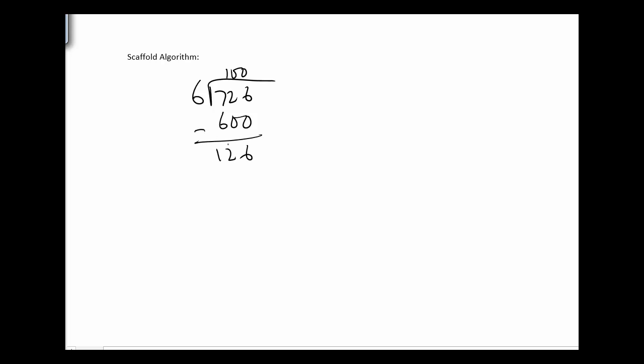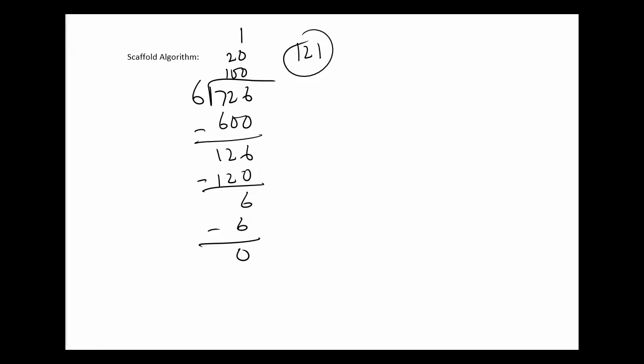Subtract that out and get 126. I know I can get 2 groups of 10, so I can get 20 out of that. So that's 120. And subtract that out, and then I can get 1 group of 6. And notice when we add up all those numbers, I still get 121.